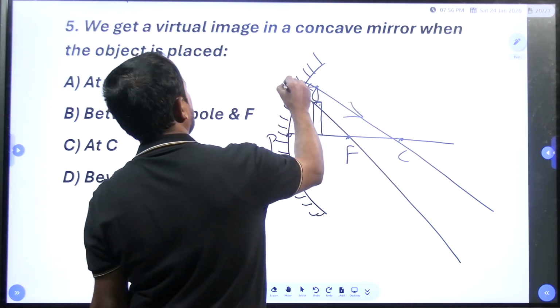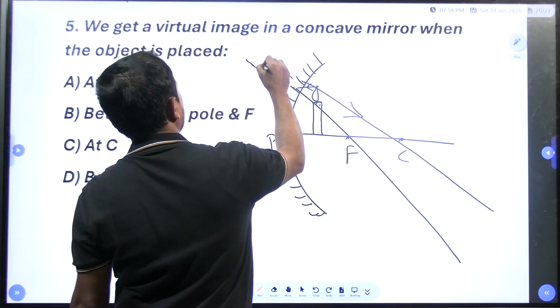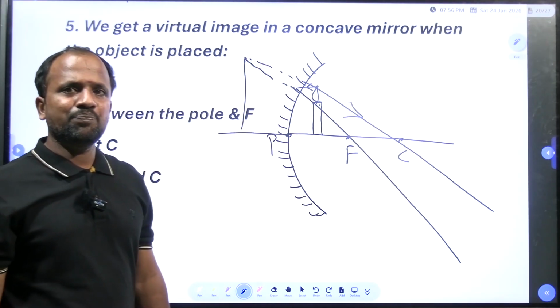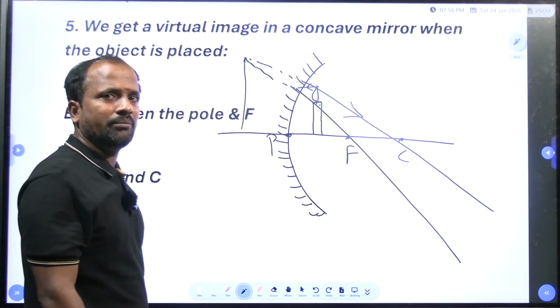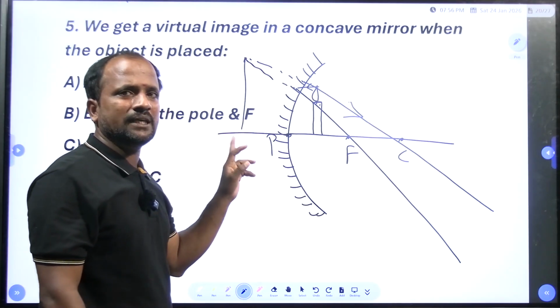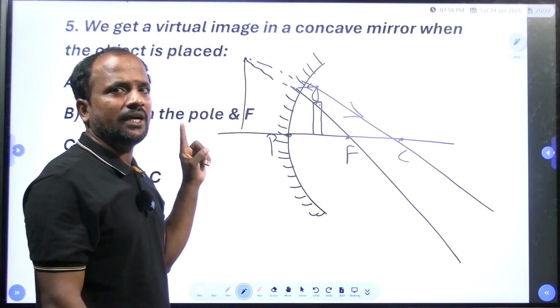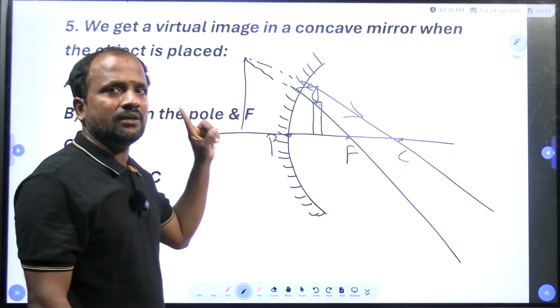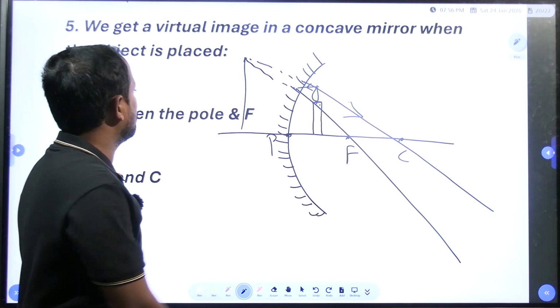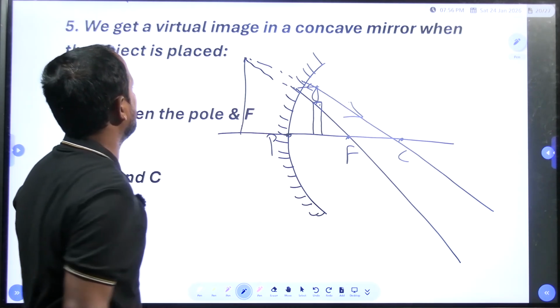So the two reflected rays' extended lines meet at the backside of the concave mirror. Here we get an enlarged image, a virtual image, an enlarged virtual image behind the mirror, and one more, an erect image is also found.